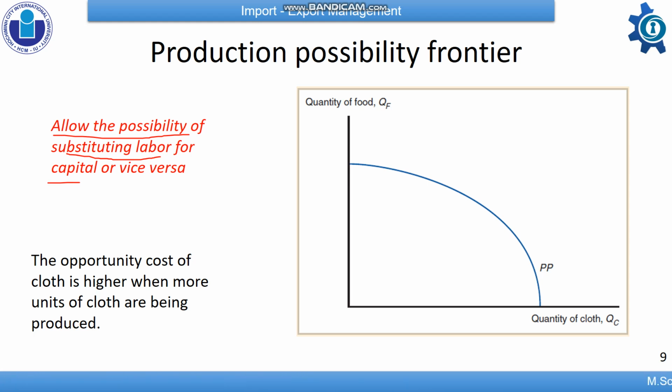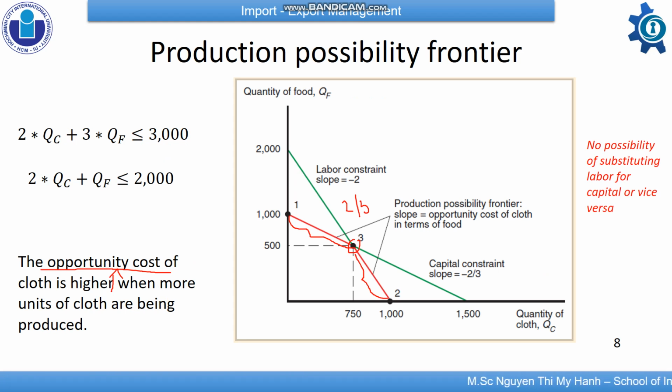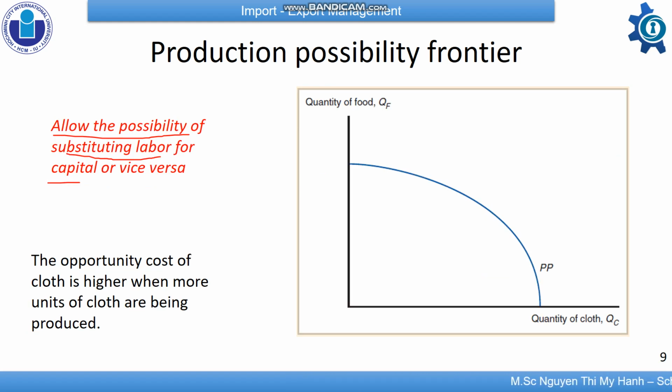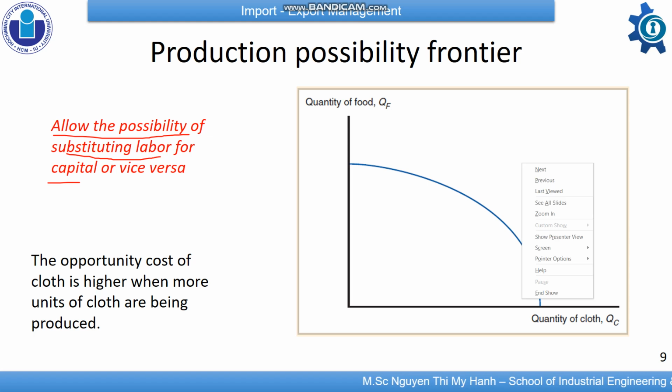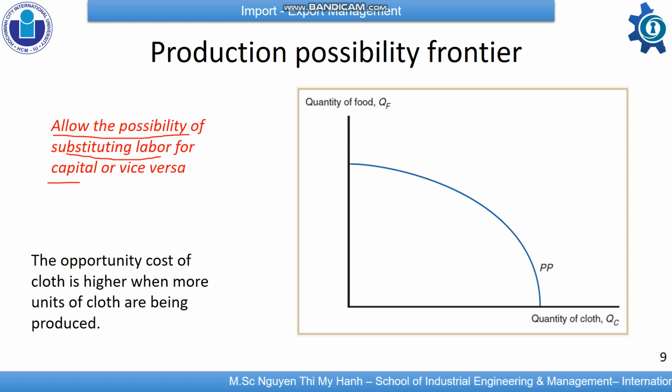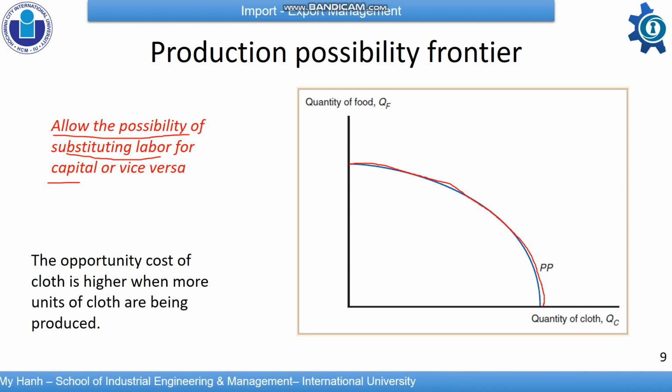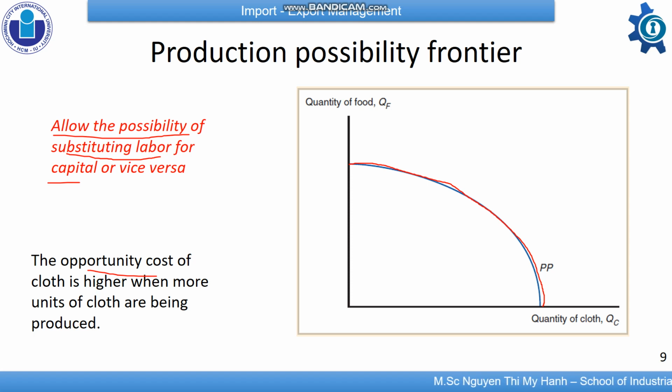So the kinked line of the PPF here will become a bulb shape like this because there is substitution between labor and capital. The shape of the line is changed. However, we can still see that the opportunity cost of cloth will increase when they focus more on producing cloth.